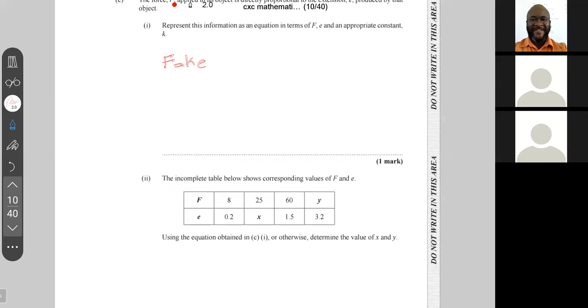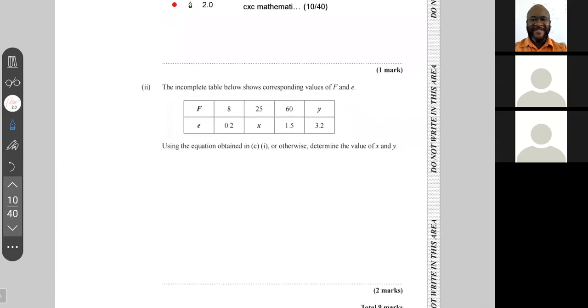Next, it says the incomplete table below shows corresponding values of F and E. Using the equation in C(i) or otherwise, determine the value of X and Y. Ladies, gentlemen, a variation question has a 4-step flow to it.